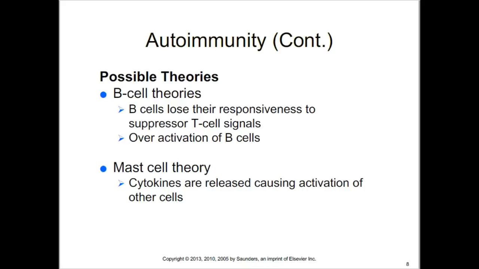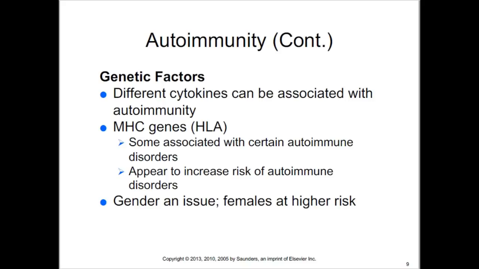So B cells are overactivated. They start making many B cells, which can become plasma cells, and thus the plasma cells make antibodies to our self antigens. Or the mast cell theory, where cytokines activate these mast cells into releasing and overfunctioning, right?